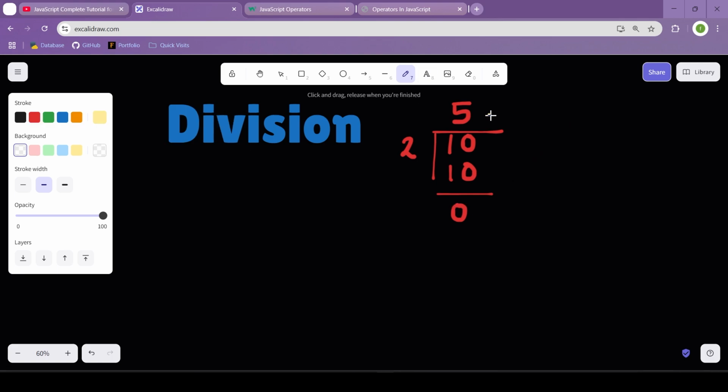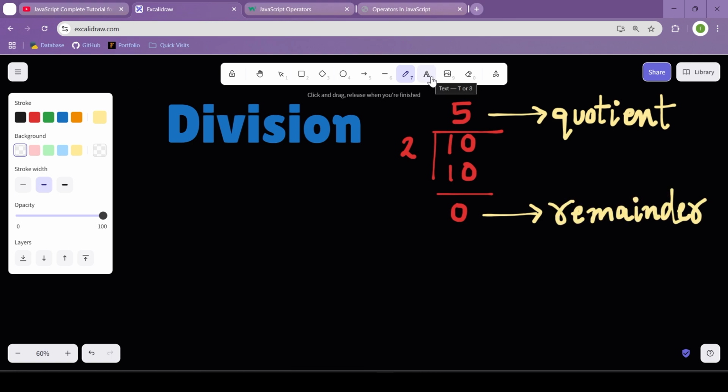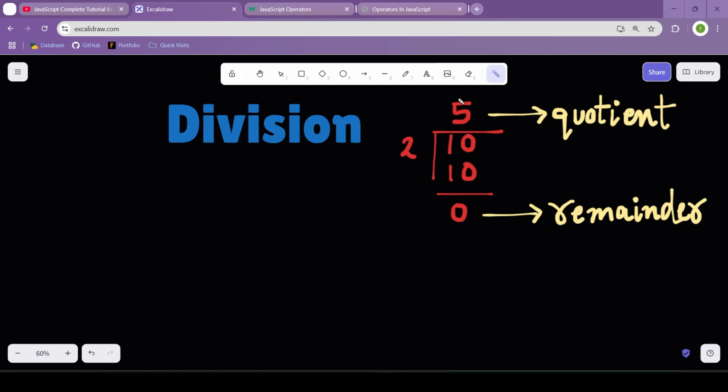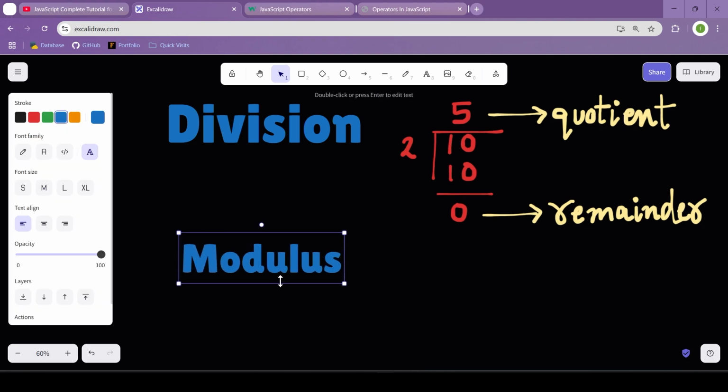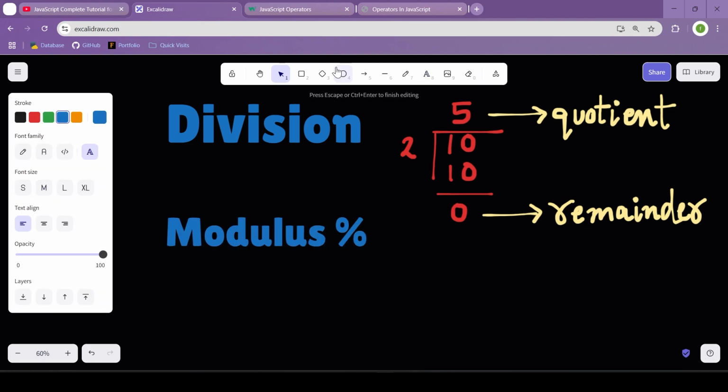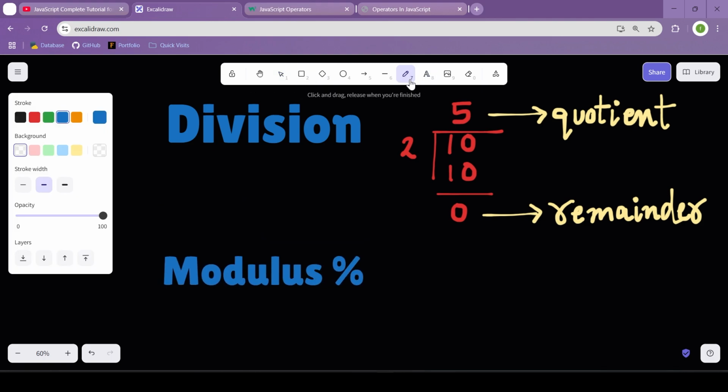And as you know, this 5 is your quotient and this 0 is your remainder, right? So this division operator simply returns the quotient, that is 5 in this case. And if you had the modulus, this will return your remainder.